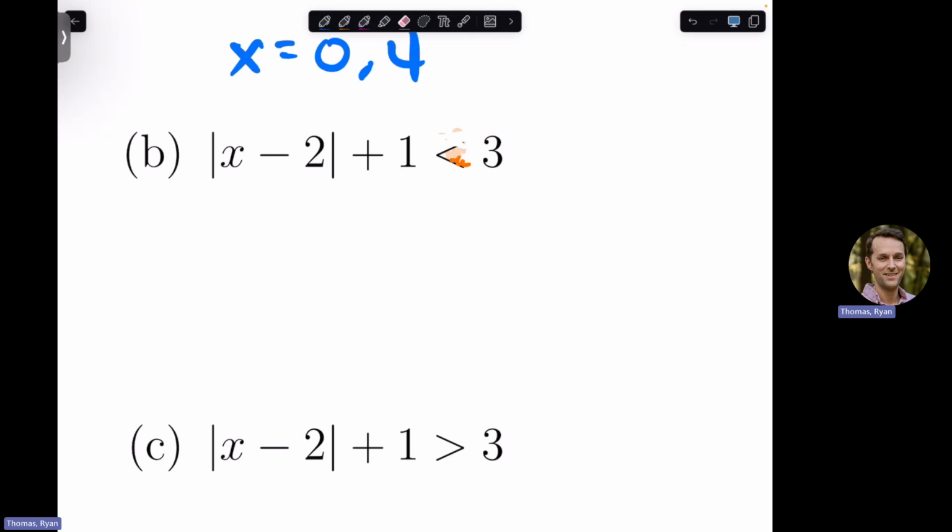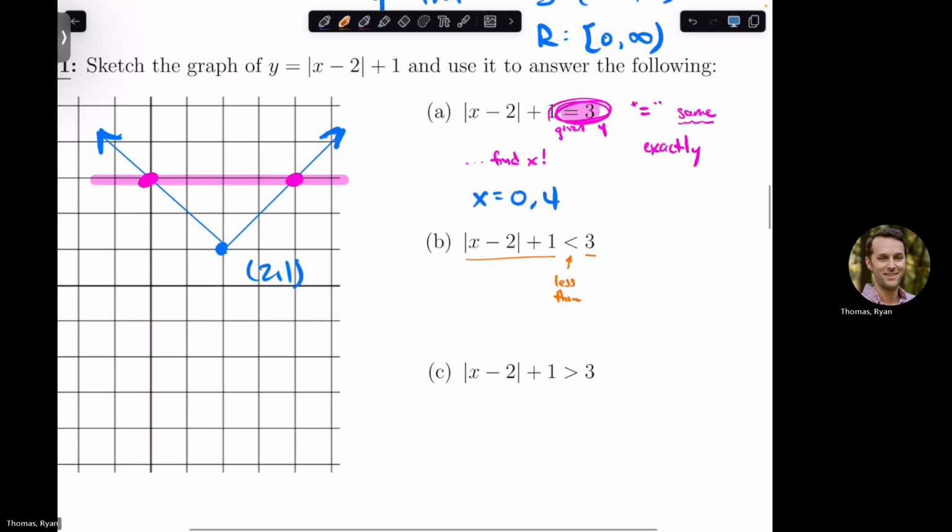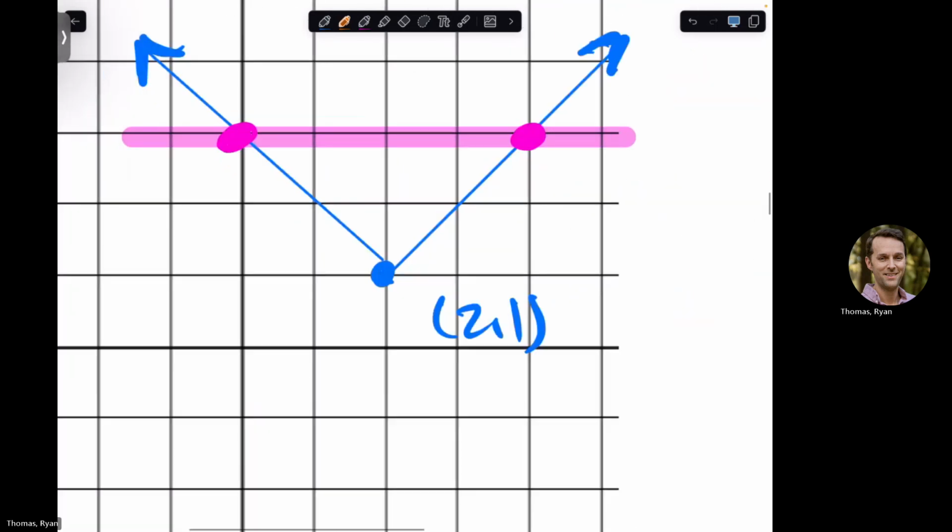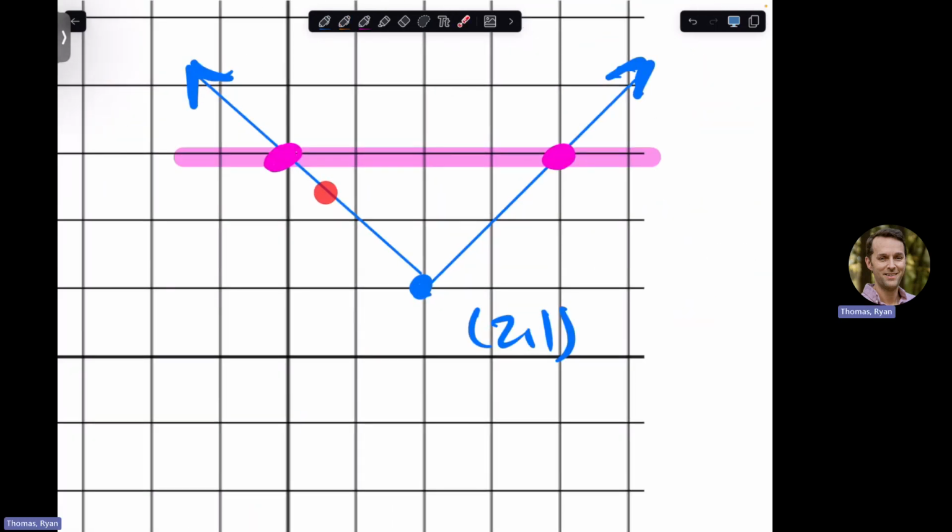So this says that this is less than. If I'm thinking about it graphically, what does less than look like? Imagine moving a point along this graph and picturing the coordinates.